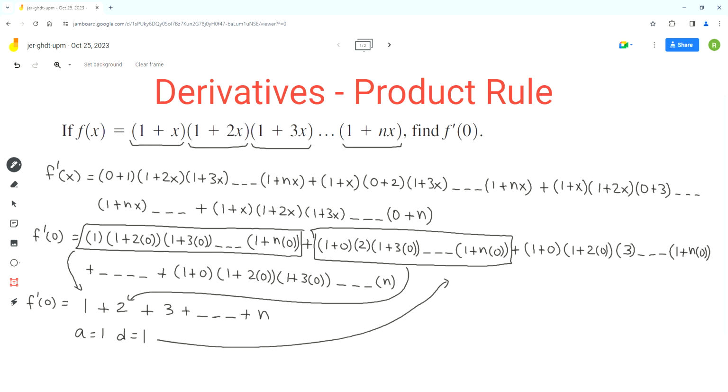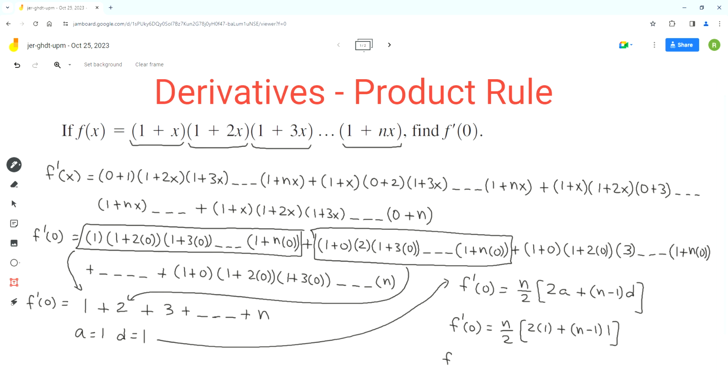So the formula for the sum of a series is, so f prime at 0 equals n over 2 times 2 times a plus n minus 1 times d. So f prime at 0 will become n over 2 times 2 times 1 plus n minus 1 times 1.